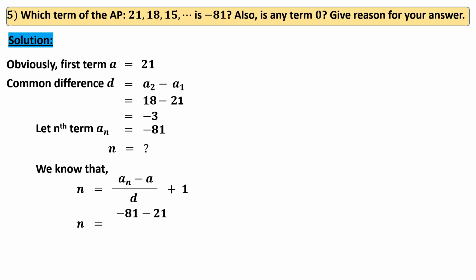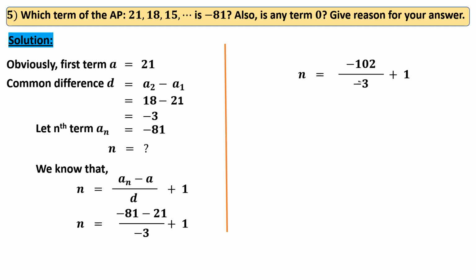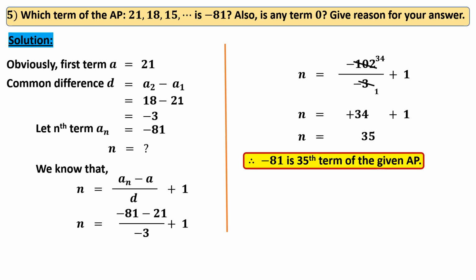An is minus 81, minus A is 21, whole divided by minus 3, plus 1. Let us simplify this. N equals minus 102 (minus 81 minus 21 is minus 102) divided by minus 3, plus 1. 3 ones are 3, 3 thirty-fours are 102. N equals minus divided by minus is plus 34, plus 1. N equals 35. Minus 81 is the 35th term of the given AP.